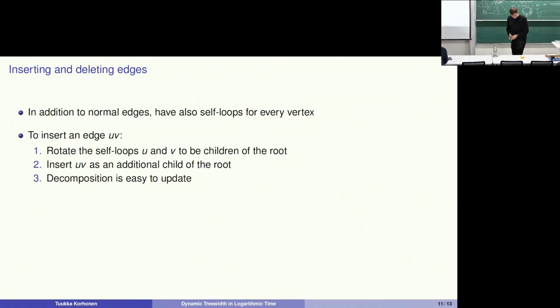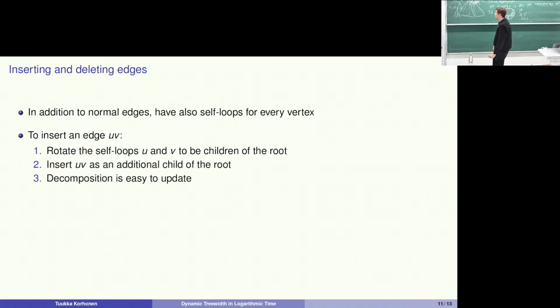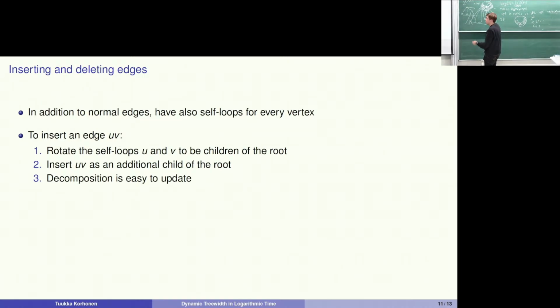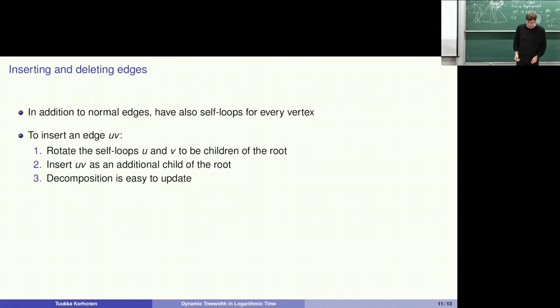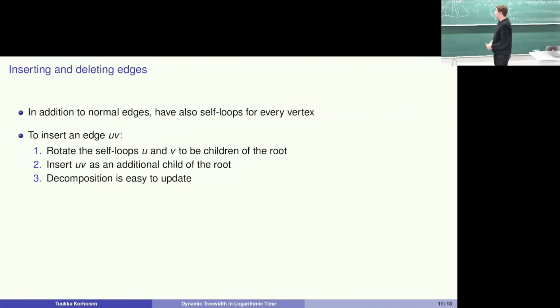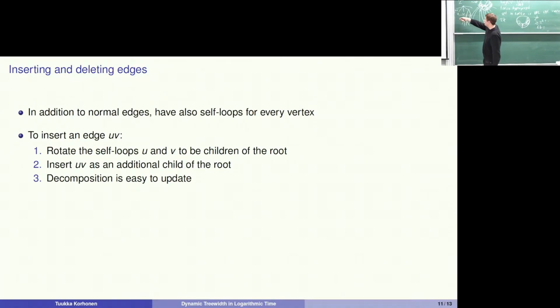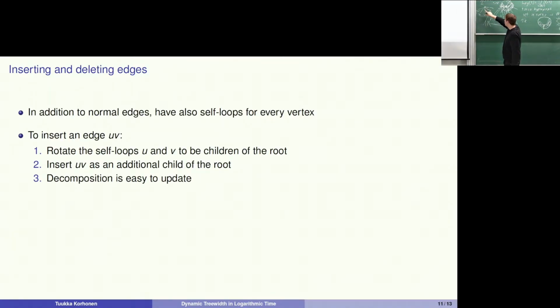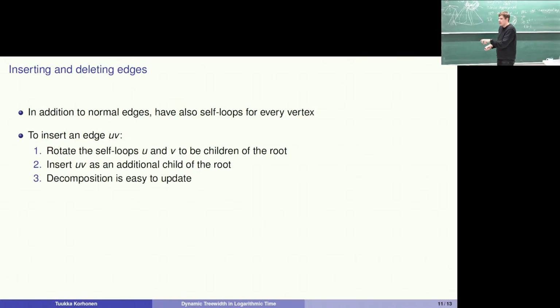Why we want to do this is that after U and V are children of the root, inserting the edge UV as another child of the root is really simple. We can just insert UV as another child of the root, and it doesn't affect the boundaries anywhere else in the decomposition. The problem with inserting UV arbitrarily is that it can affect the boundaries globally in the decomposition.